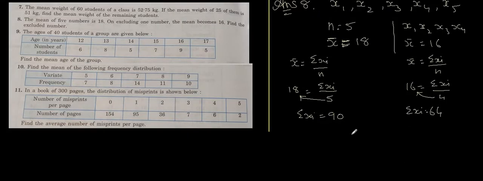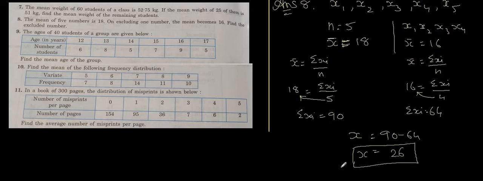Then you have to subtract. So the observation x is equal to 90 minus 64, which is 26. So the missing number x is 26.